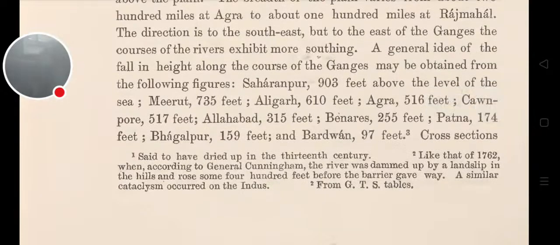Saharanpur 903 feet above the level of the sea, Meerut 735 feet, Aligarh 610 feet, Agra 516 feet, Kanpur 517 feet, Allahabad 315 feet, Benares 255 feet, Patna 174 feet, Bhagalpur 159 feet, Bardwan 97 feet.